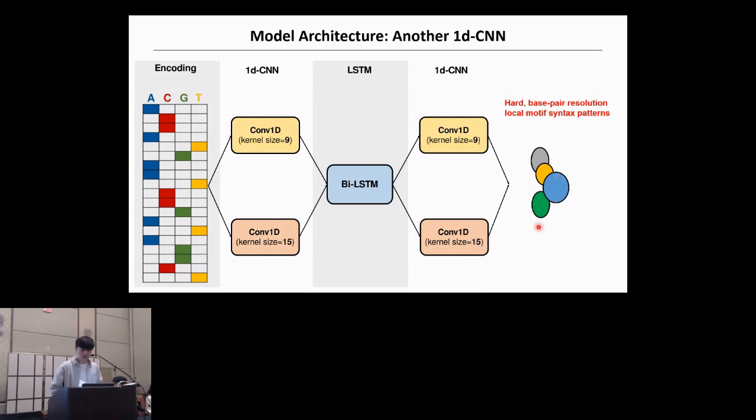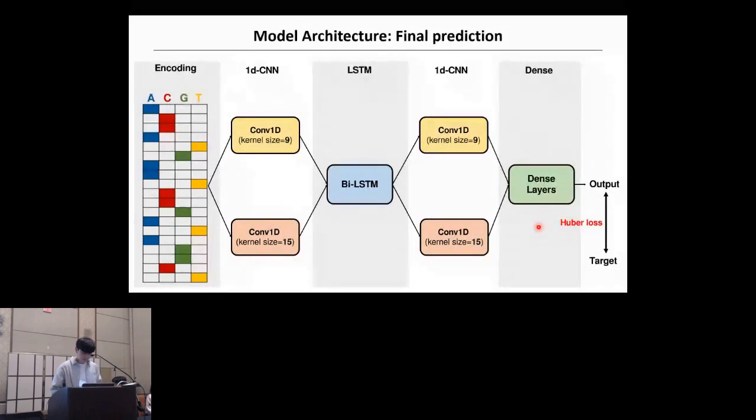This final representation goes through the last dense layers. The dense layers output the final prediction of expression value. The entire model was trained to minimize the average Huber loss of the training samples. So, in summary, our model structure is constructed to gradually capture the higher order interactions between TF binding motifs as the input moves through each layer.